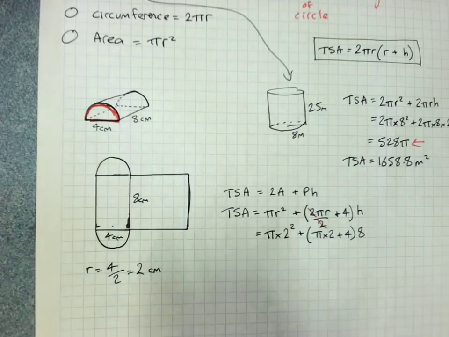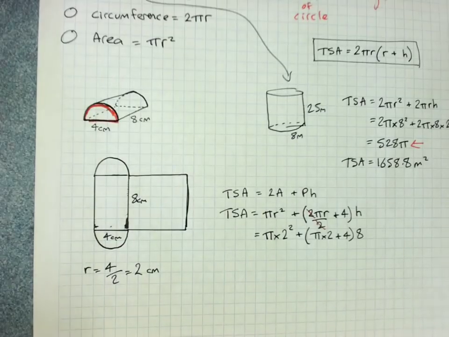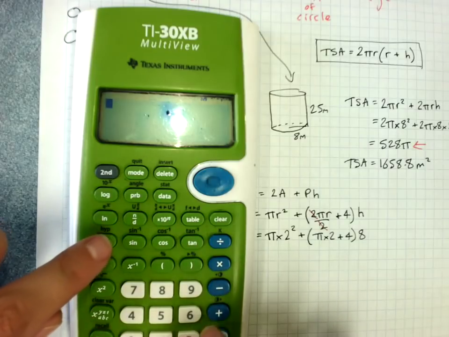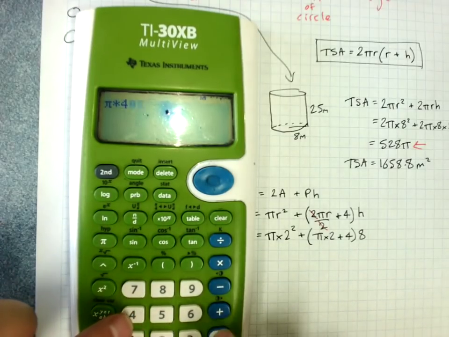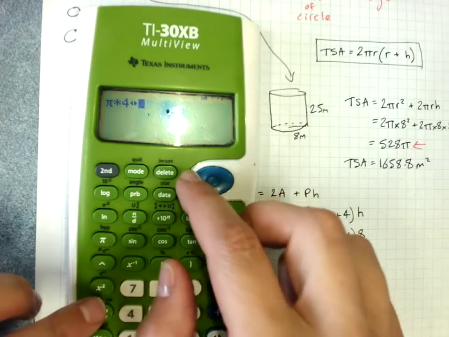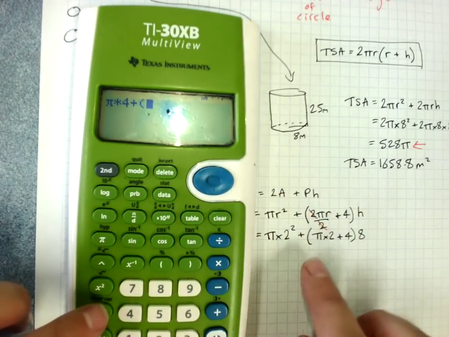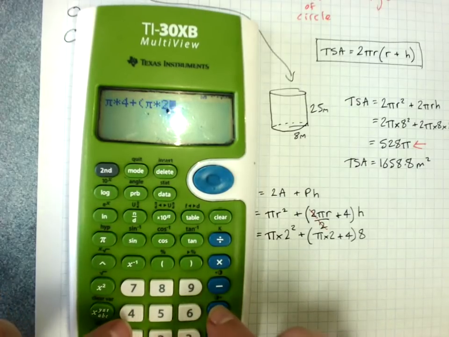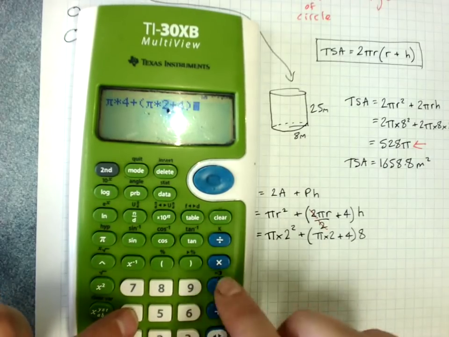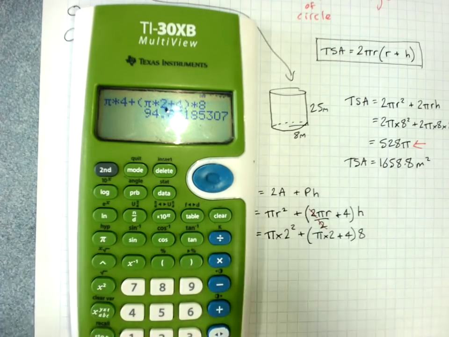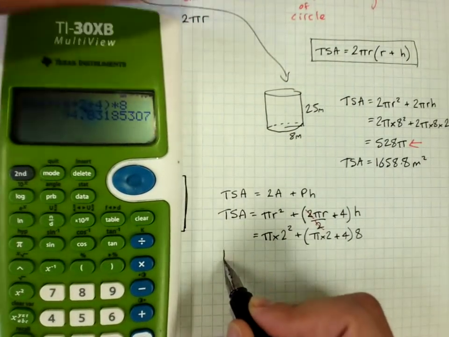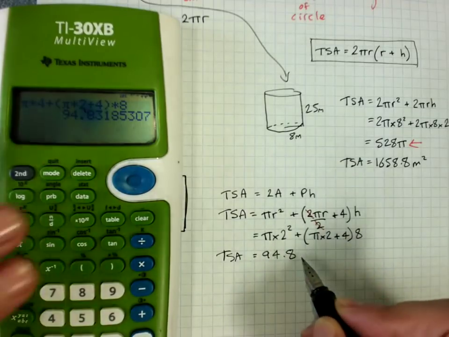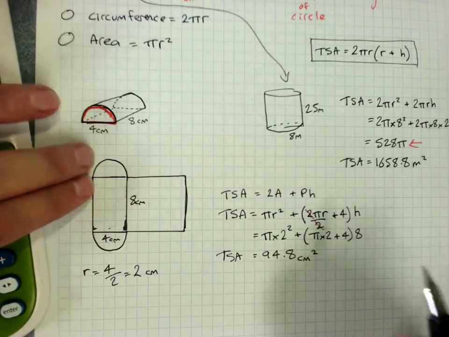At that point you can substitute everything in. Pi times 4 plus, in brackets, pi times 2 plus 4 times 8, and I've got a total surface area of 94.8, and we're in centimeters squared.